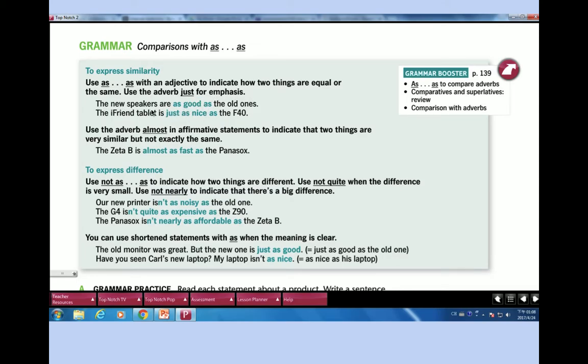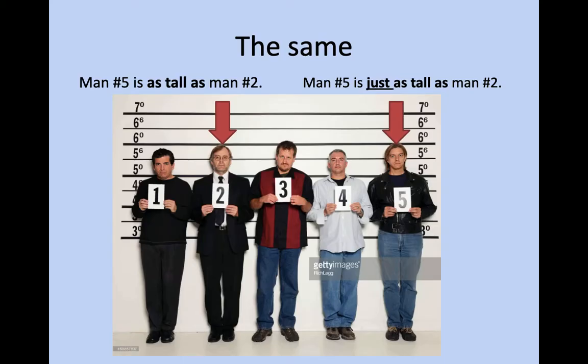The new speakers are just as good as the old ones. The iFriend tablet is just as nice as the F40. Now, these are using fake things, so it's kind of hard to understand. So I've tried to make this a little easier. We don't have names for these guys, so we're just going to say number 2 and number 5.